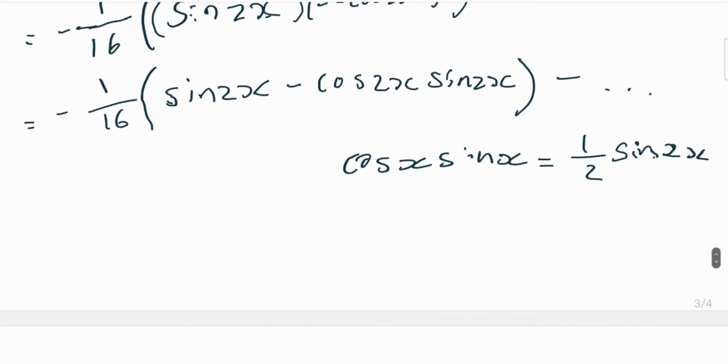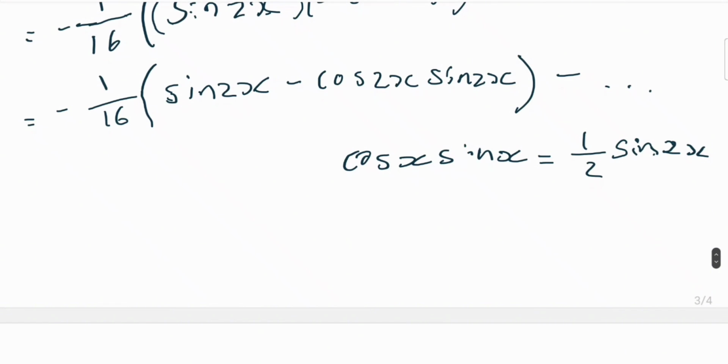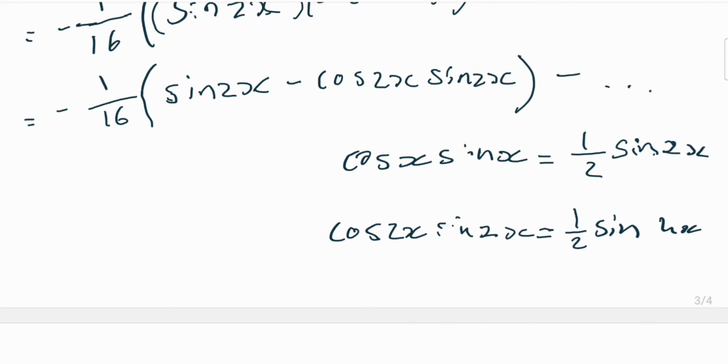So if we assume that this rule is also true for cosine 2x sine of 2x, this will be equal to 1 over 2 sine of, and then 2x doubled is 4x, sine of 4x. 1 over 2 sine of 4x. So we can actually put that in here.